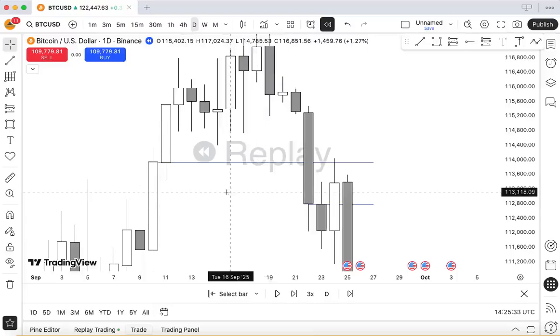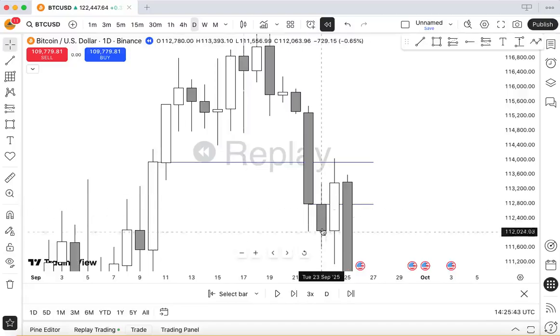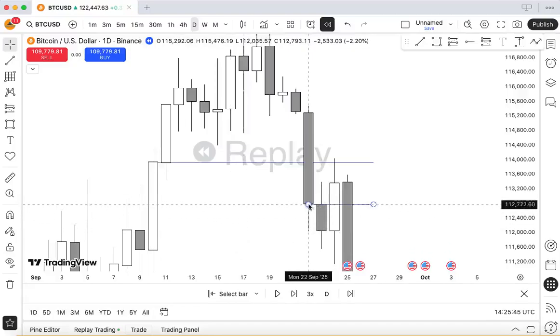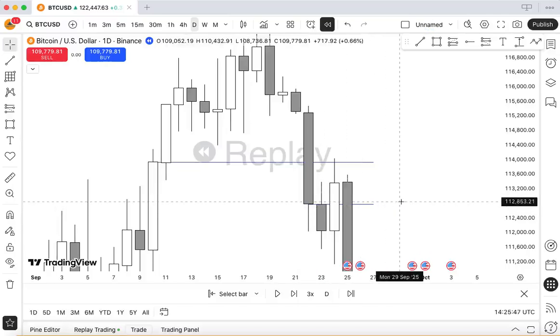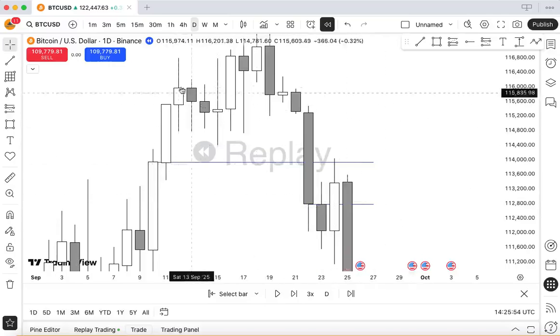I've told you resistance 1, support 2, RBS 3, SBR 4, OCL 5, QM 6, and then 7, QM by OCL. I've told you fresh key levels, and I've told you unfresh key levels.